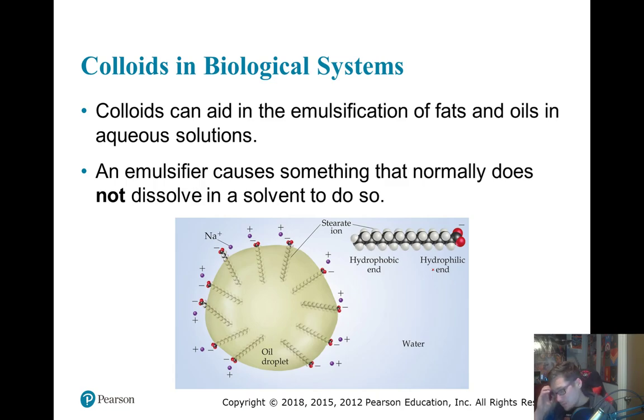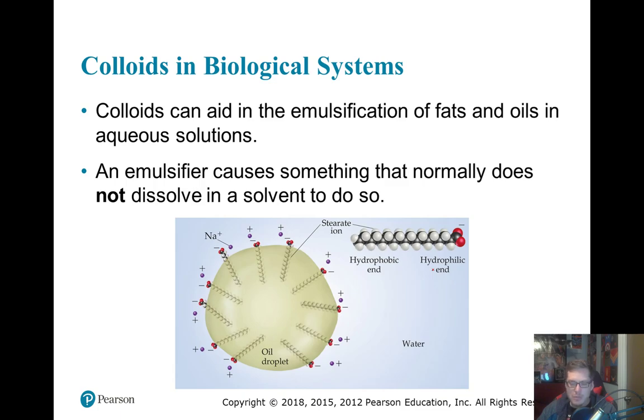Emulsification has lots of applications. Margarine is essentially emulsification, because the margarine is fatty, but there's also water in it. Using emulsification, you can get them to actually mix together. That's an important application of emulsification.